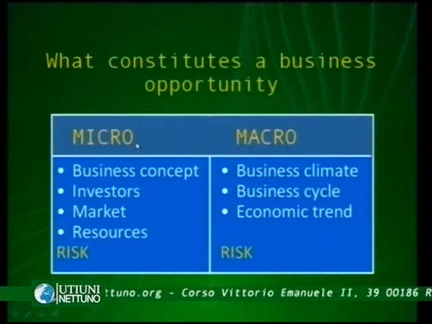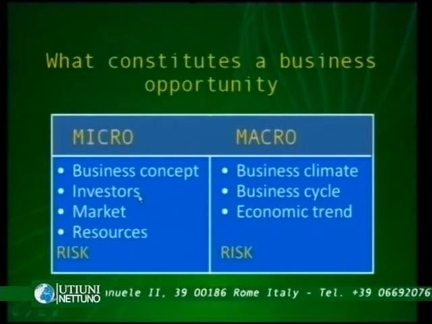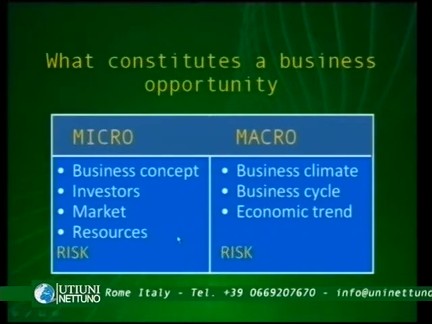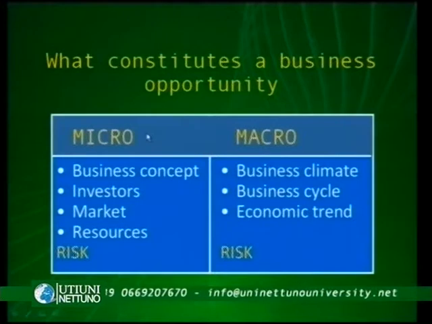When it comes to the micro items, we have business concept, investors, market, resources. It is called micro environment because it's mainly related to the company or to the organization or to the government who's promoting the investment project. So it's about the internal conditions.